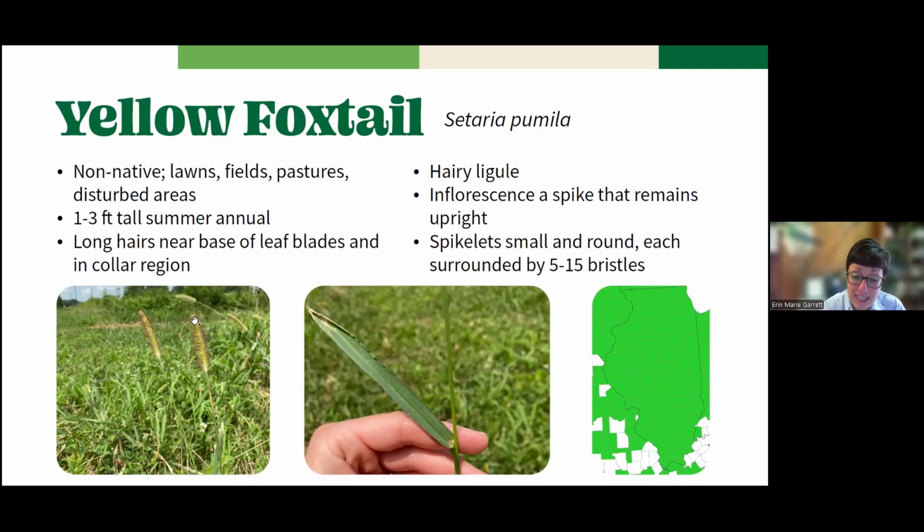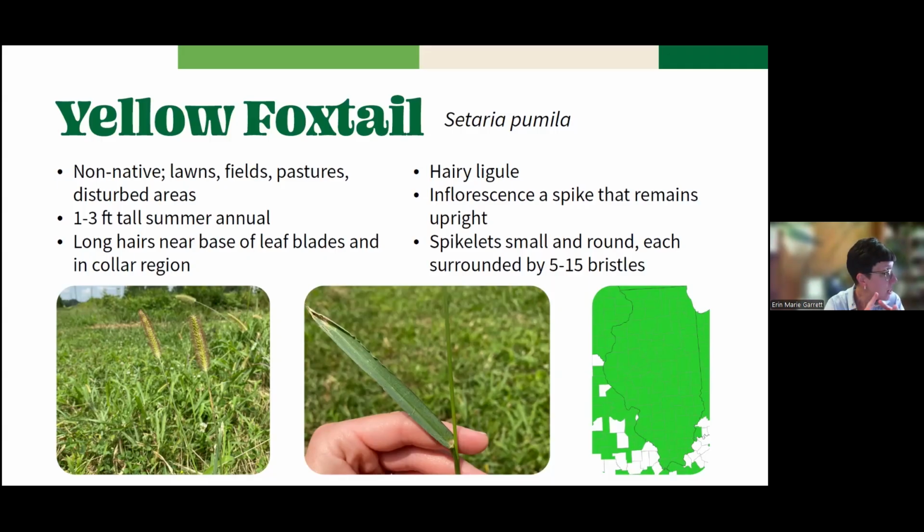The bristles can vary in color, so that's not really a reliable way to tell them apart from one another. The spikelets are going to be very similar, but they typically have 5 to 15 individual bristles or groupings of bristles underneath each spikelet.